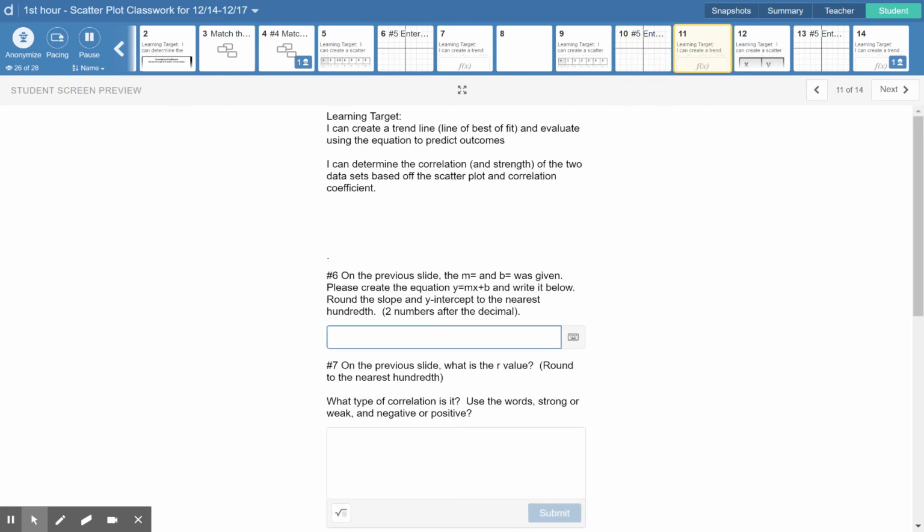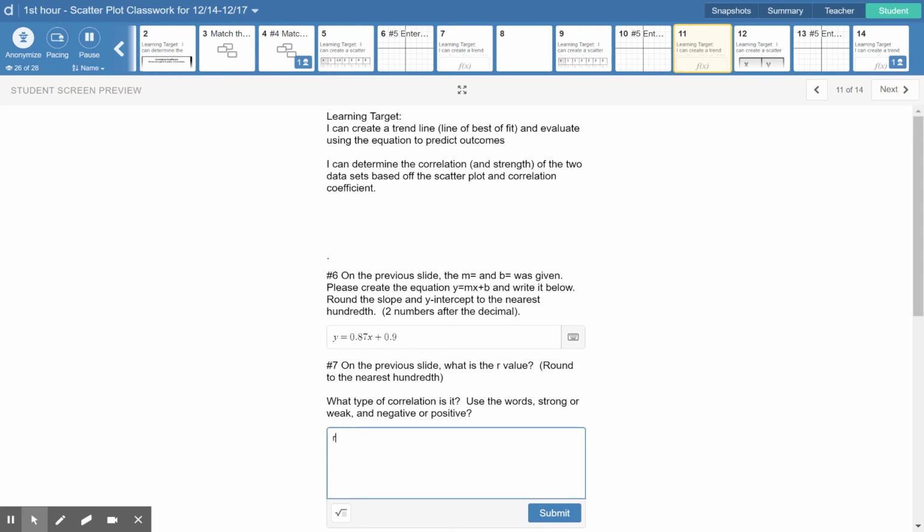All right, using the previous slide, we're going to write in our trend line. So y equals 0.87x plus 0.9. Notice that it says 2 numbers after the decimal, and there's no number after the decimal. Totally fine. 1 digit after the decimal will be fine.